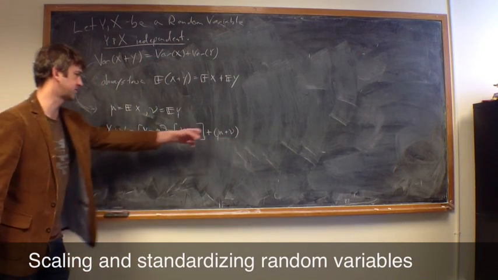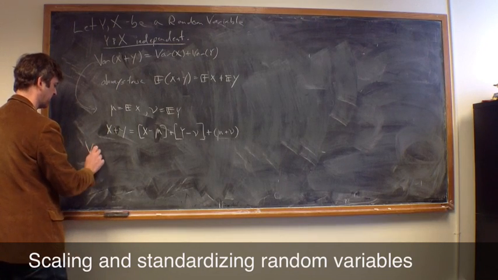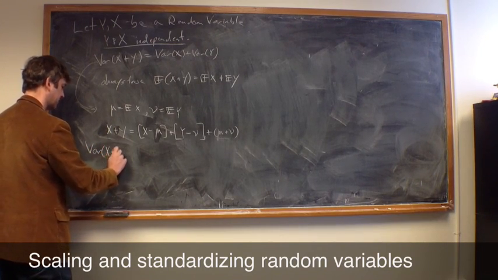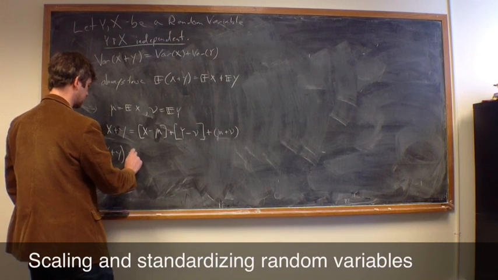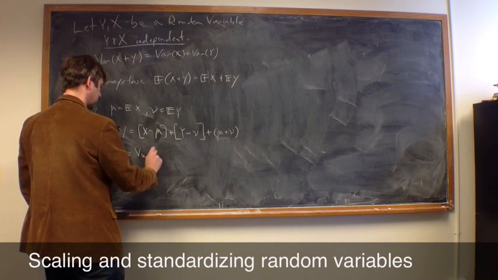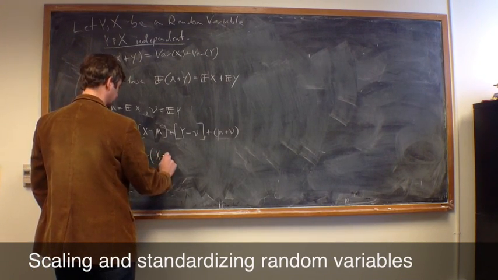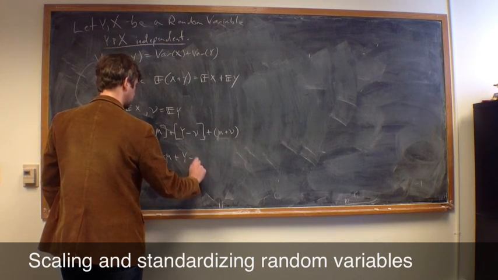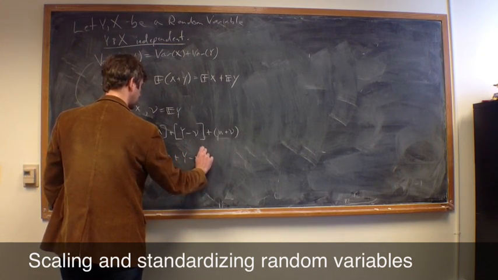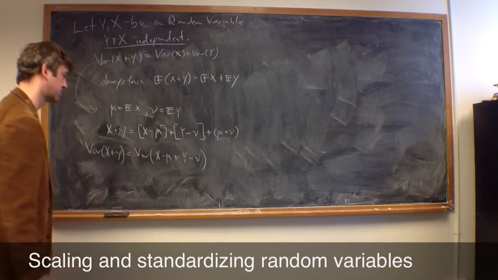Okay, I've just added and subtracted these. And now if I calculate the variance of x plus y, adding a constant doesn't change the variance, so that's the same as the variance of x minus mu plus y minus nu. Okay?